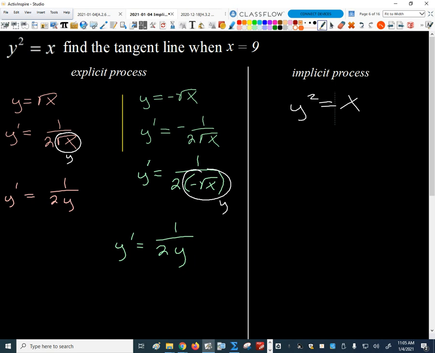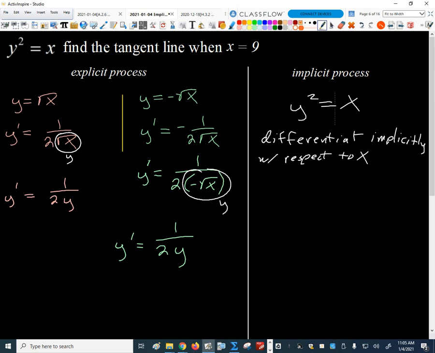What if I just differentiate implicitly, which means I'm just going to differentiate all parts of my equation with respect to x and apply the chain rule? Okay. So what's that going to give me?